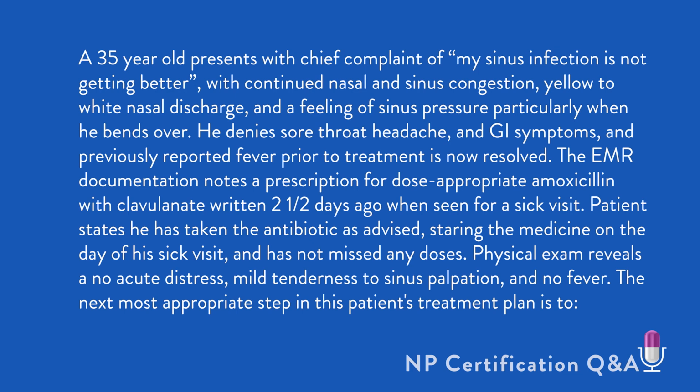He denies sore throat, headache, and GI symptoms, and previously reported fever has now resolved. EMR documentation notes a prescription for dose-appropriate amox with clavulanate written 2.5 days ago when he was seen for a sick visit. Patient states he has taken the antibiotic as advised, starting the medication on the day of the sick visit, and has not missed any doses.